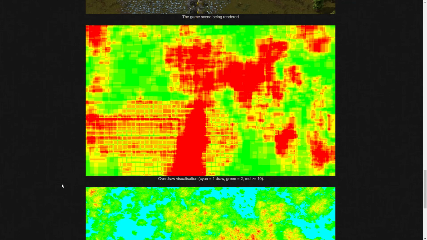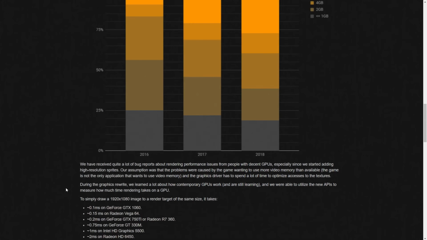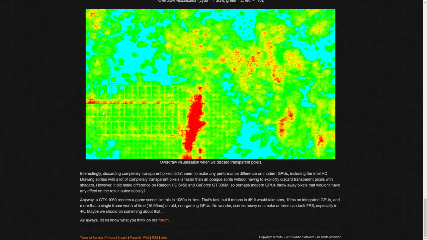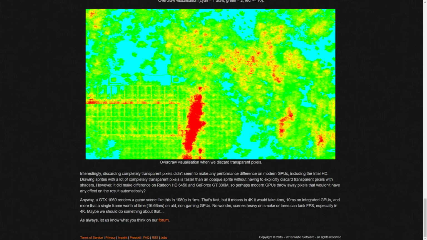So hopefully they get that to work. Basically, the takeaway from this is trees and smoke bad, and they did some stuff to improve performance for older GPUs. Based on what they're saying, if you have a fairly modern GPU, then pretty much none of this is going to apply to you. None of the last section is going to apply.